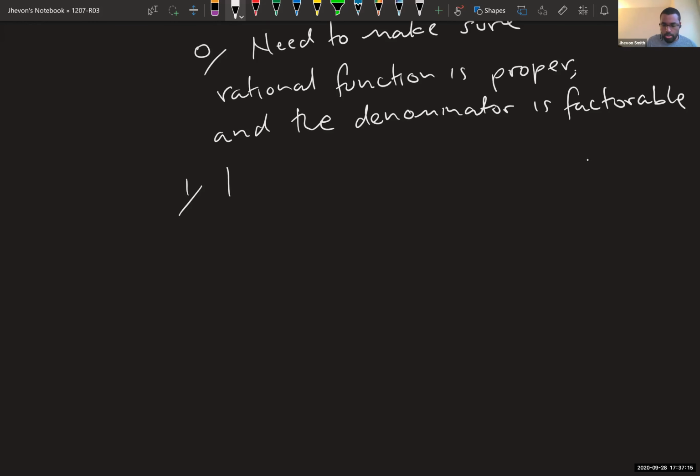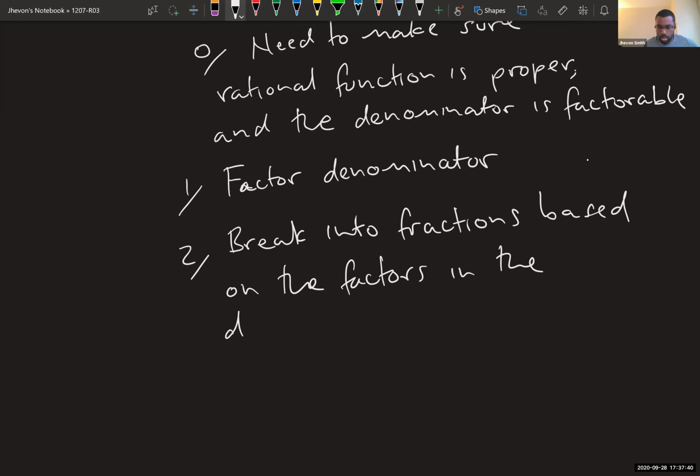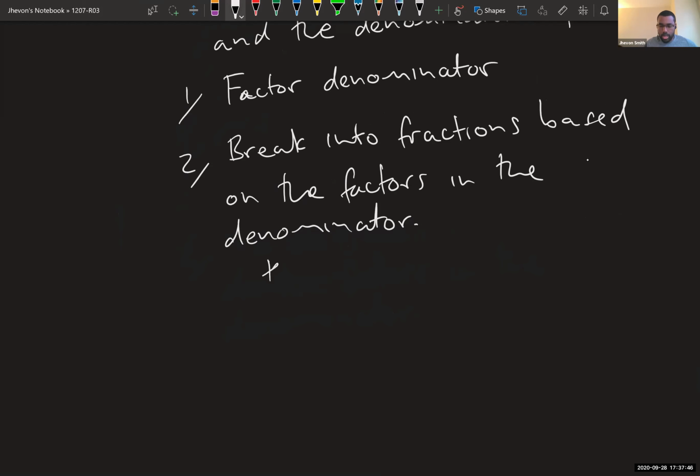Then you factor the denominator, and break into fractions based on the factors in the denominator, with two things.